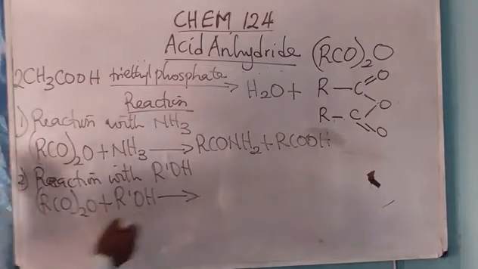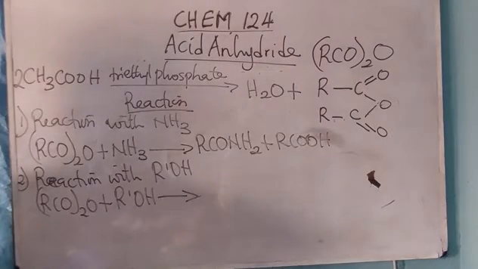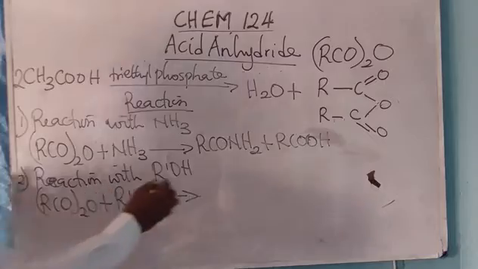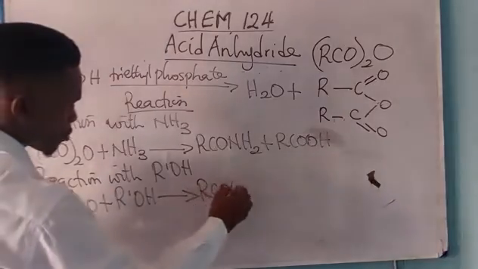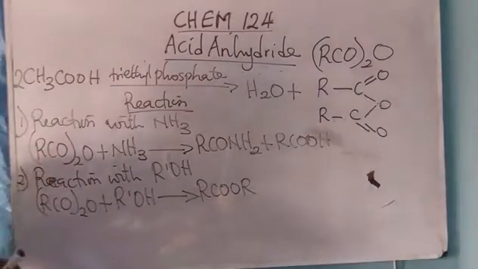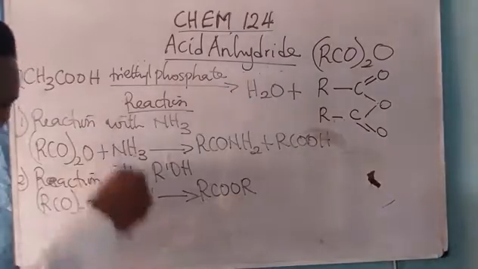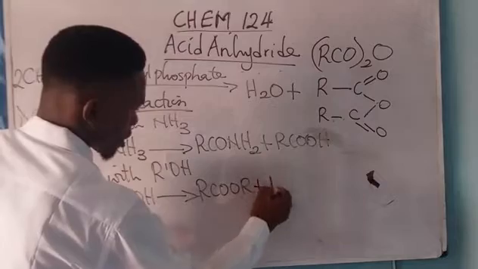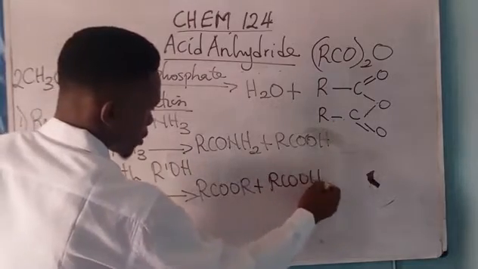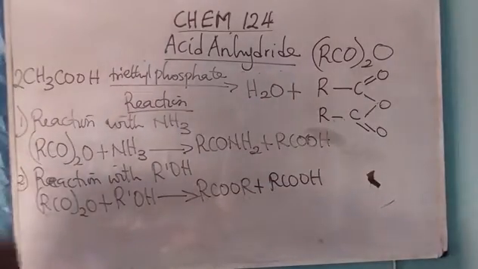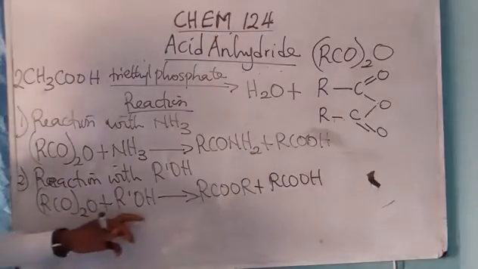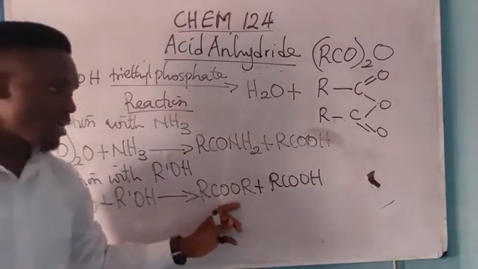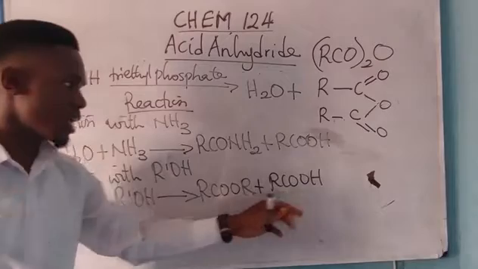I'm going to be producing an ester and carboxylic acid, RCOOR, then plus RCOOH. God, this marker is giving me a tough time. Which means that the reaction of acid anhydride with alcohol produces an ester and a carboxylic acid.